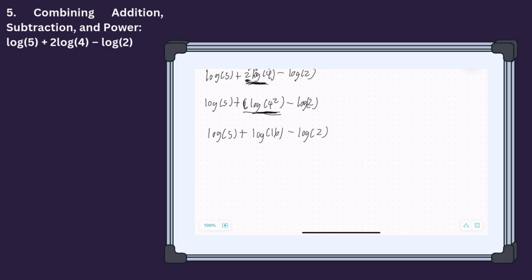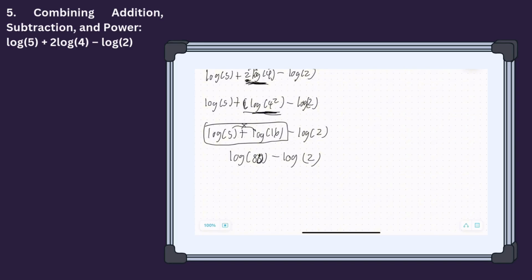Now we combine 5 and 16. You multiply them since this is where we apply the product rule, as we can see a plus sign. So 5 times 16 is equal to 80, I'm sorry, 80 I mean.